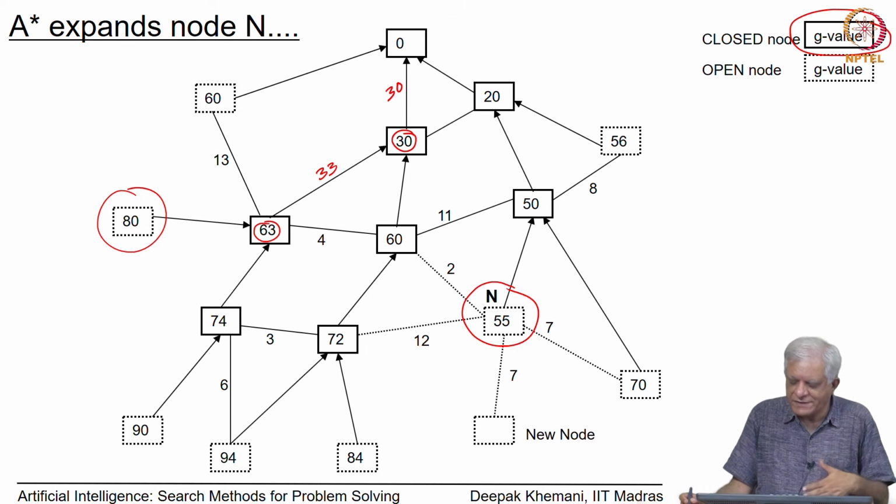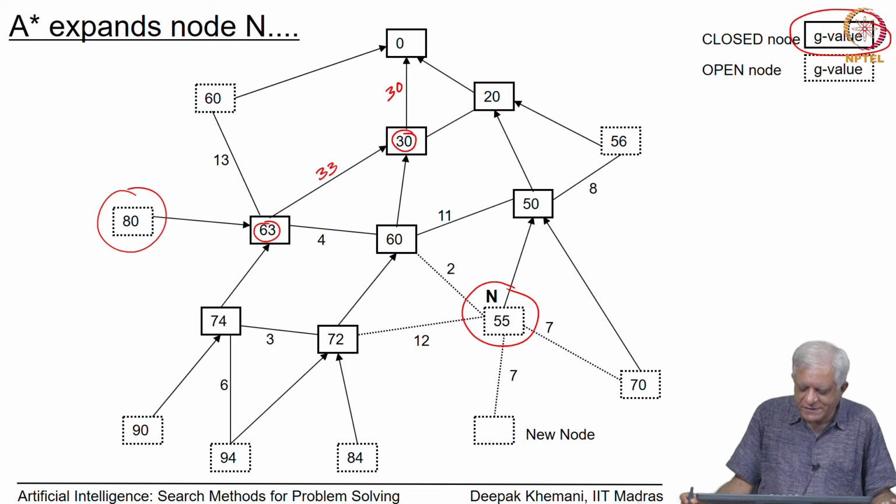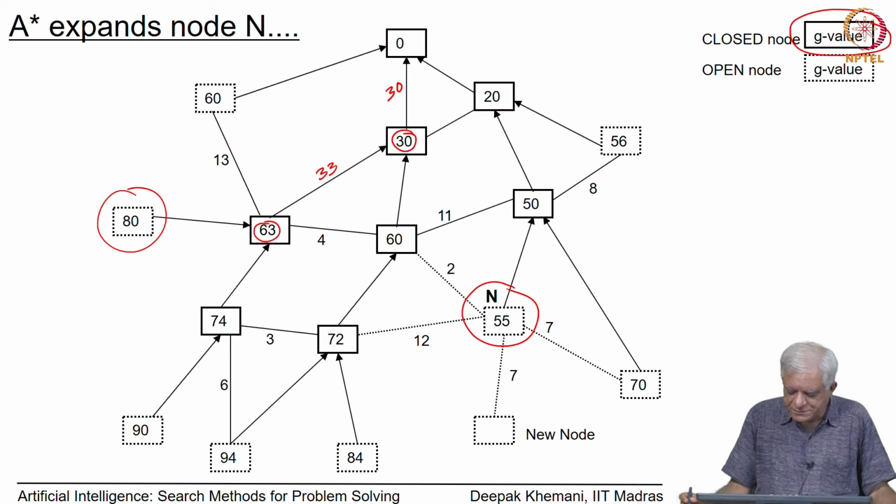What we want to illustrate here is that when you expand N, the changes that happen in the graph are only in g values and parent pointers. The h values are anyway a static function of every node. So, here is this node A star is about to expand, and you can see that it has got 5 neighbors, and one of them is the parent from where it came.